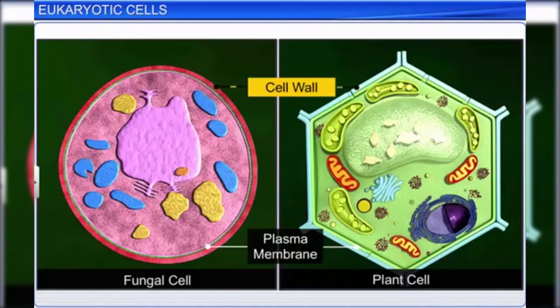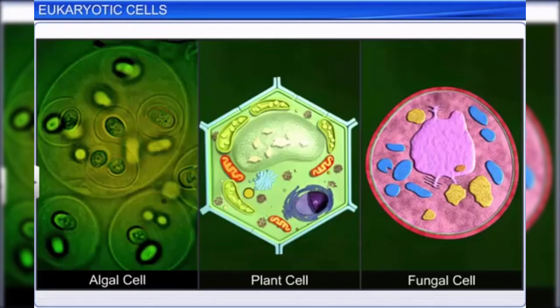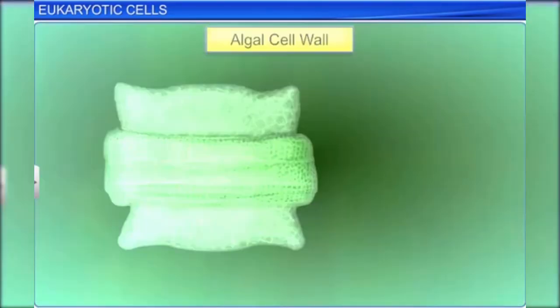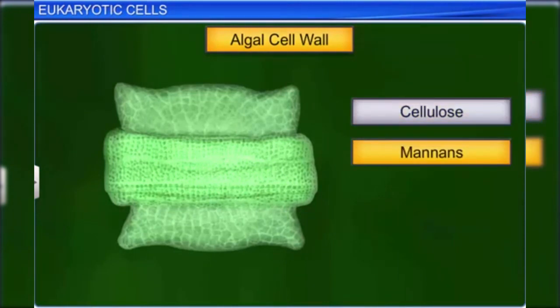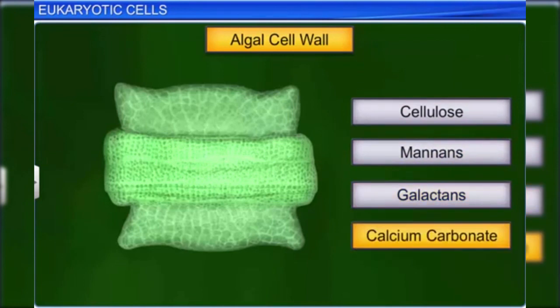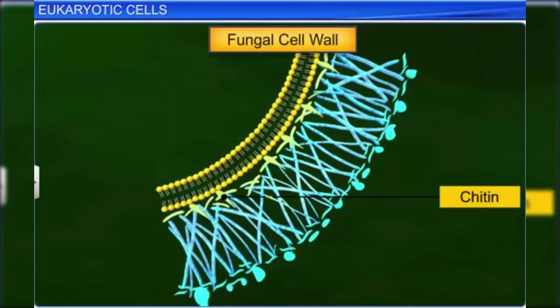Interestingly, the composition of the cell wall is different in different eukaryotic cells. In algae, the cell wall is made up of cellulose, mannans, galactans, and calcium carbonate, whereas in fungi, it is made up of chitin and glucans.